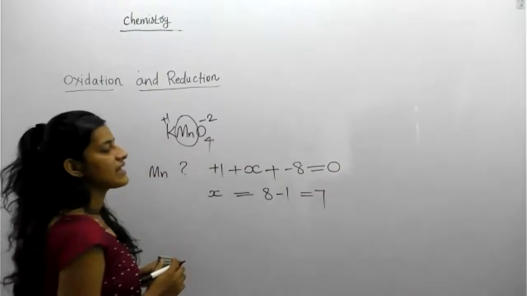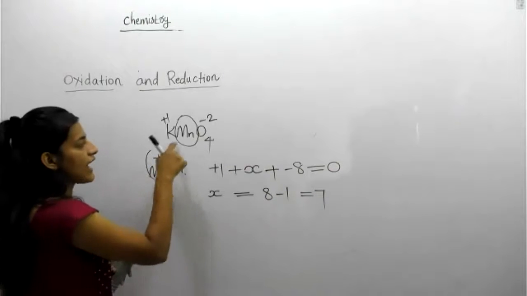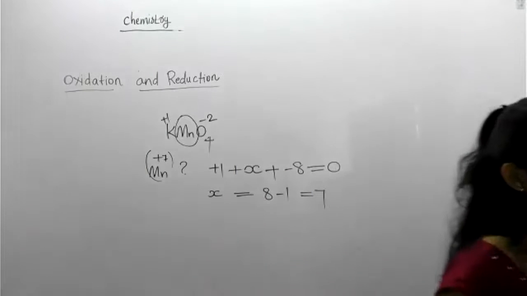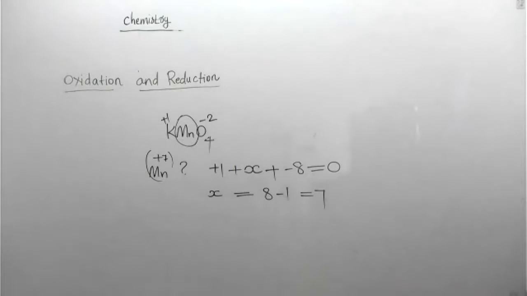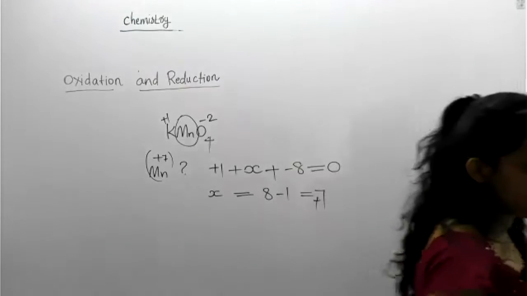So the manganese oxidation state is +7 in the case of KMnO4. Not -7, +7, students. Clear? Understood?